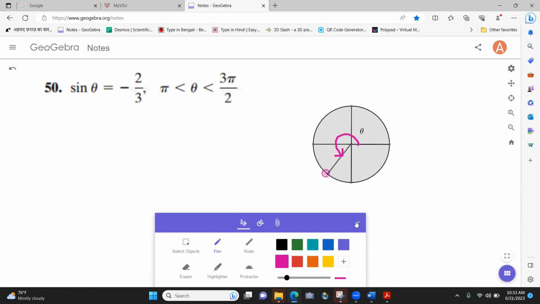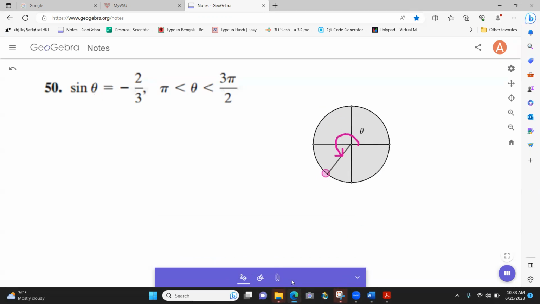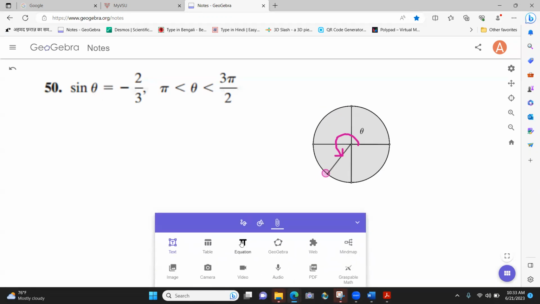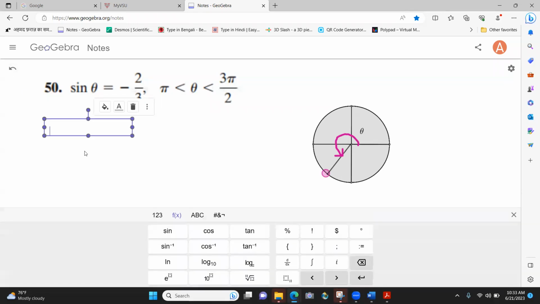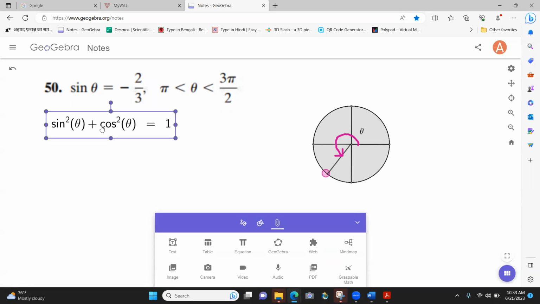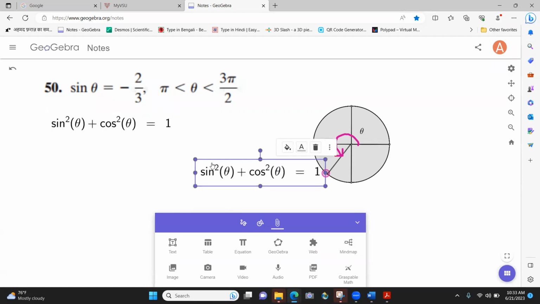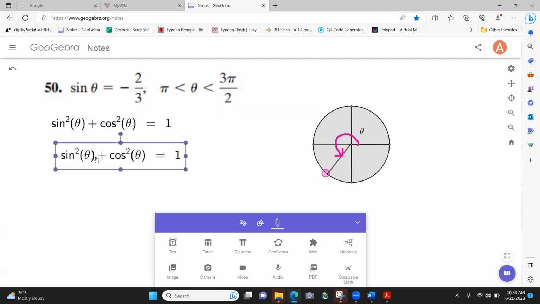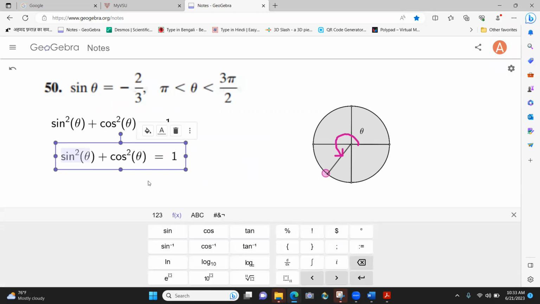All right, now same kind of a deal. I am going to use the trig identity. The first trig identity. I'm going to replace sine squared theta with the value negative 2/3 squared.